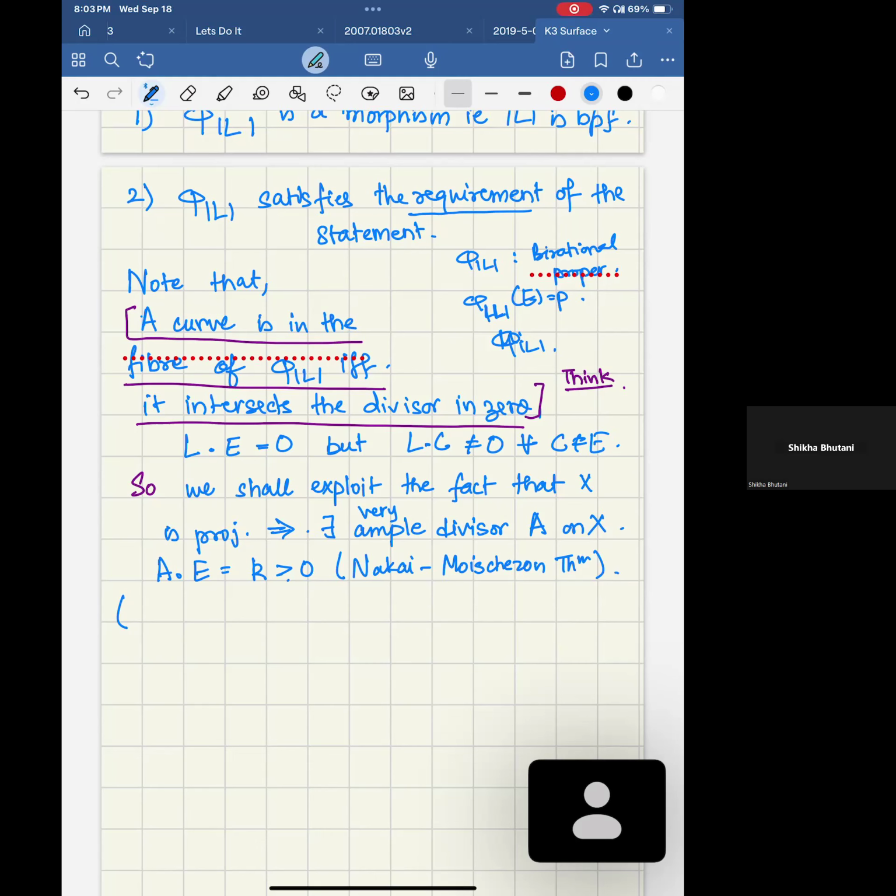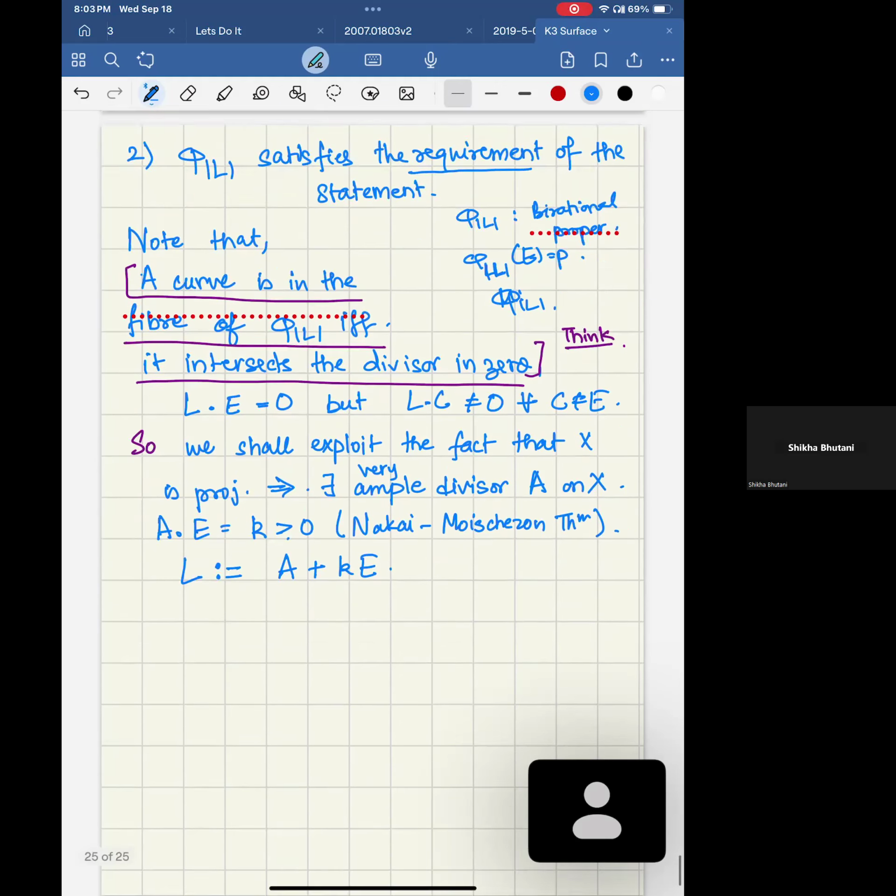So what does it say? It says that A is going to be ample if and only if its intersection with any effective curve is positive. Since E is effective and A is ample, K is supposed to be greater than 0. So we define our L to be A plus KE.